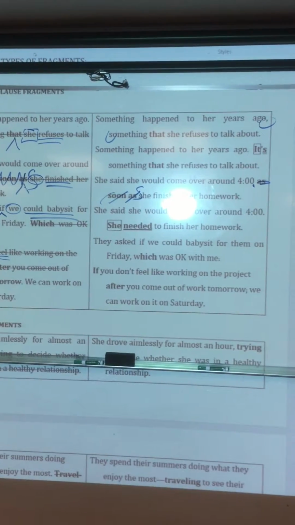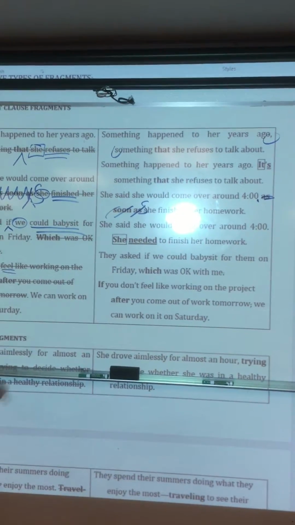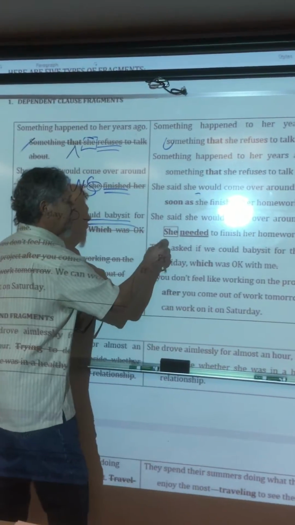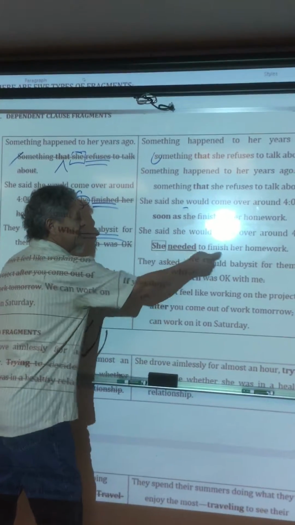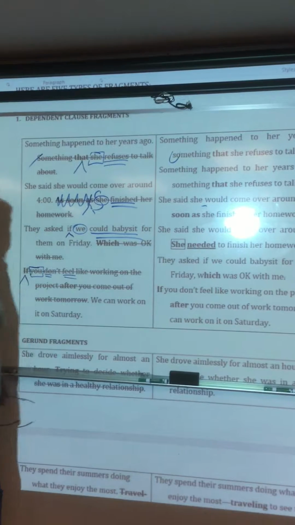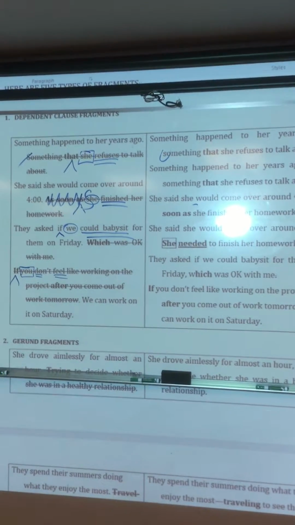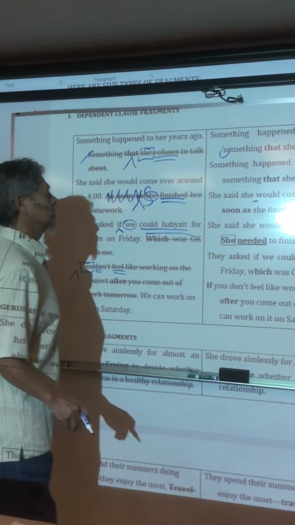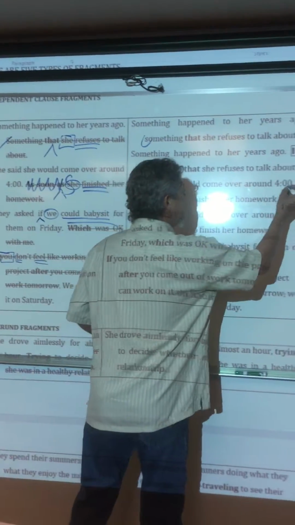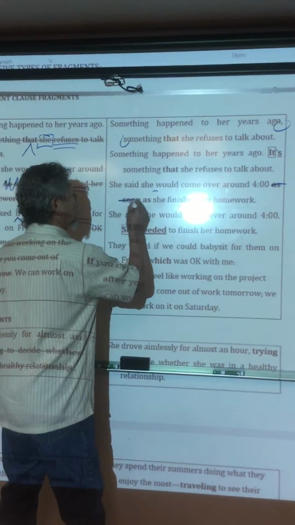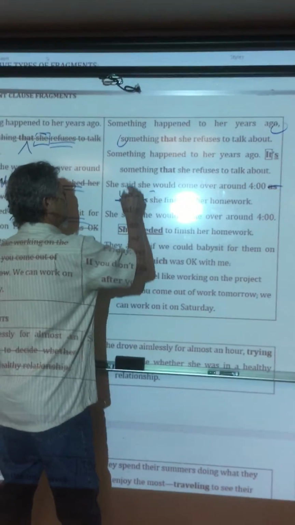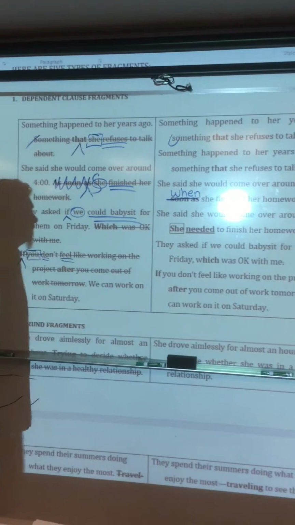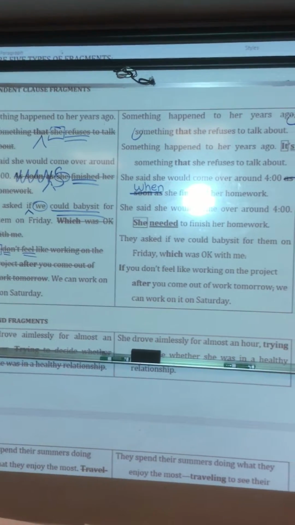So by putting she needed to finish, that makes sense. What about if we put when instead of as soon as she finished her homework? That would be the same thing. It's just another subordinating conjunction.